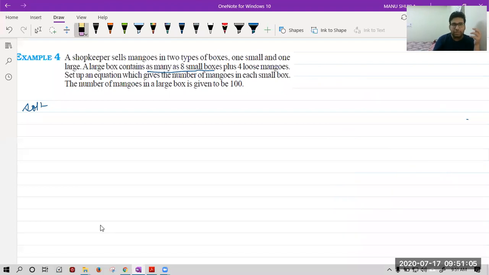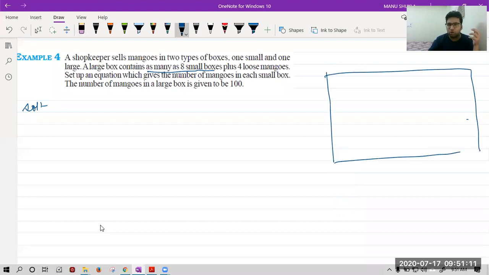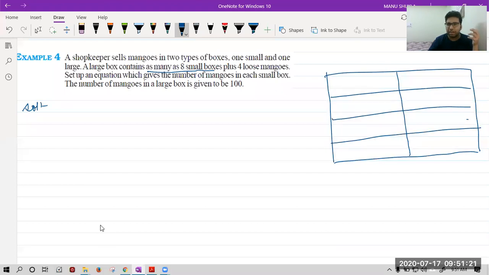Yes, it is very easy, beta. Let's see. We have a large box which contains inside 8 boxes like this. And apart from this, it has 4 different mangoes.